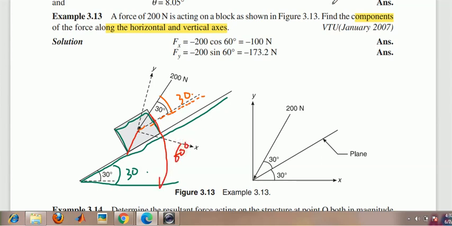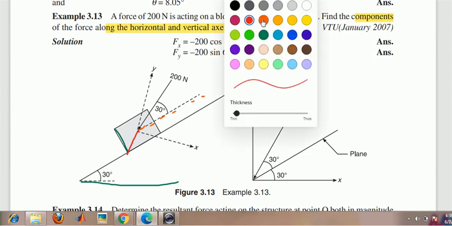Is it clear? The force is making an angle of 30 degrees with respect to the inclined plane, and we want it with respect to the x-axis. Therefore the inclination of 200 with respect to the x-axis is 60. You just observe the second figure.